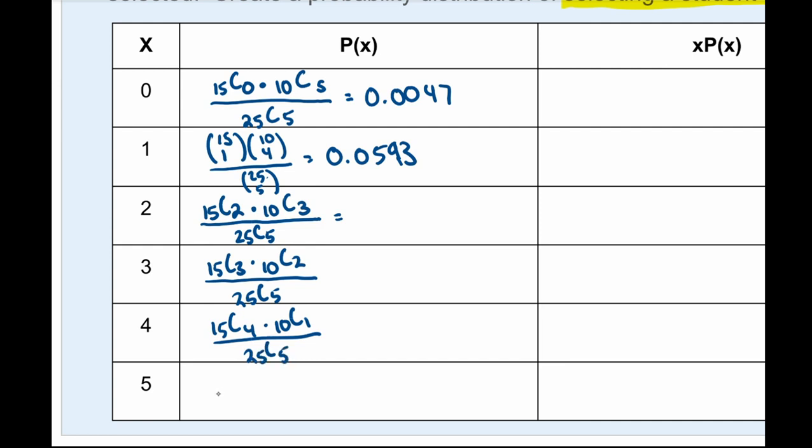And finally, 15 choose 5 times 10 choose 0, all divided by 25 choose 5. So those are the formulas that we should have, but I'm going to do all the calculations on Google Sheets, and we'll go through how to enter this formula. This one might be a little trickier than the other one, but it is still doable. And that is why we have the first 2 examples to reference and make sure that we've entered it correctly.